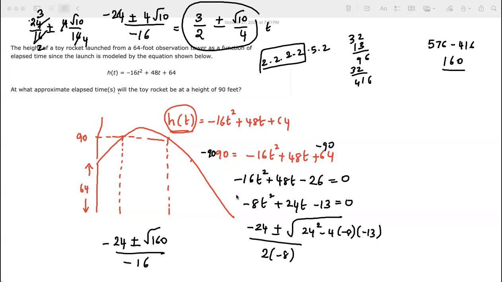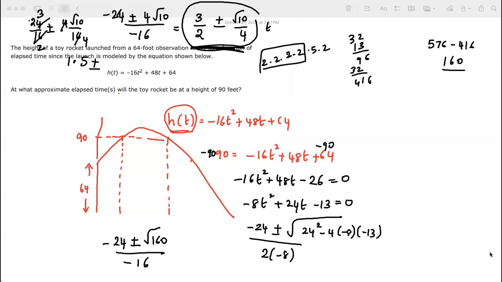Can one of you tell me what is the decimal value of these two? One of you, please. 1.5 plus or minus square root of 10 by 4. Guys, I'm expecting some answer. I solved it.